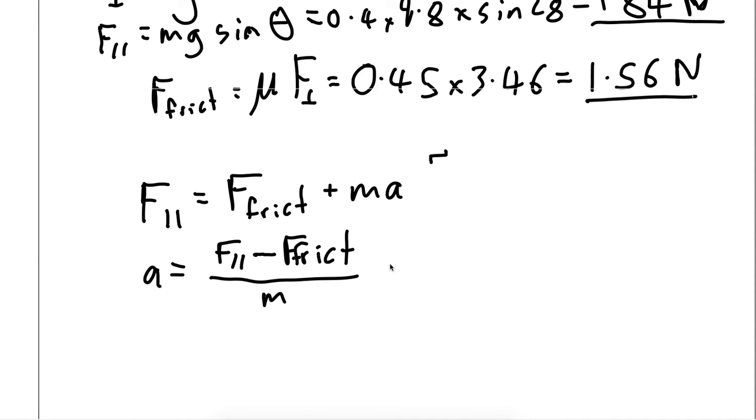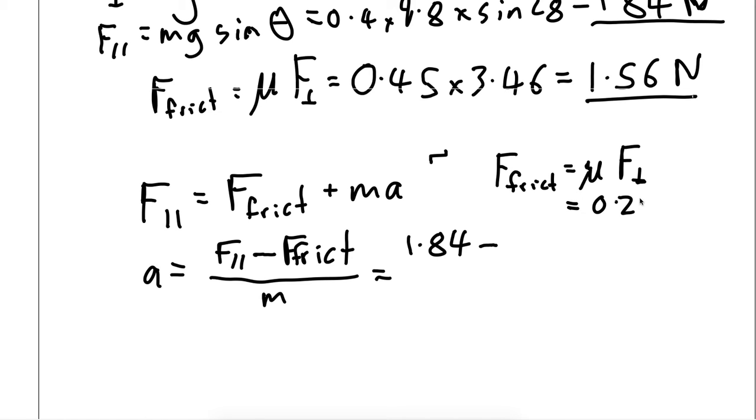So the parallel force we calculated to be 1.84 newtons. Oh, careful, not this frictional force. We need to work out what the new frictional force is. We're using the kinetic coefficient. So the force of friction now, moving, is still going to be mu times the normal force. But in this case, the mu we use is not 0.45, it's 0.22.